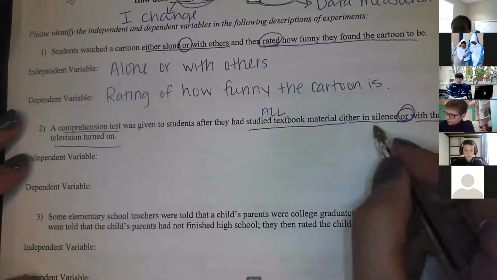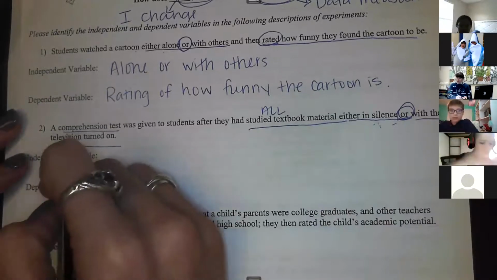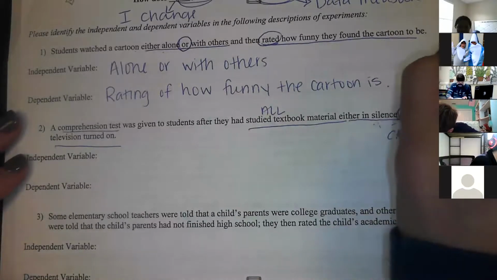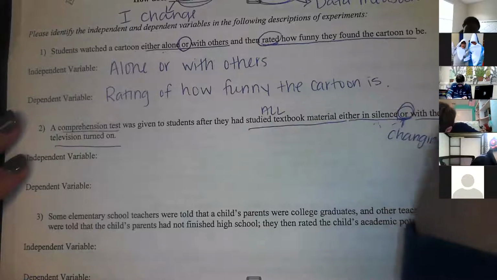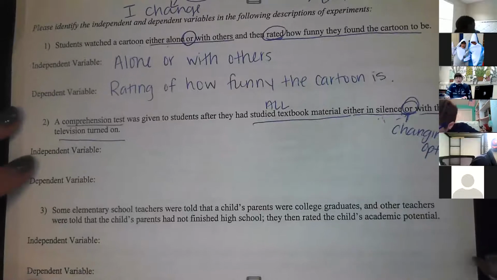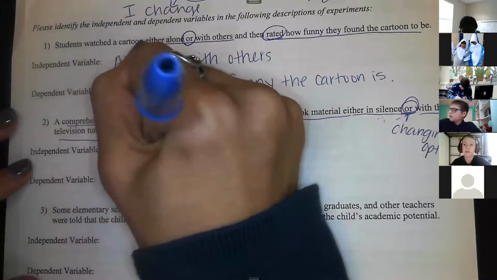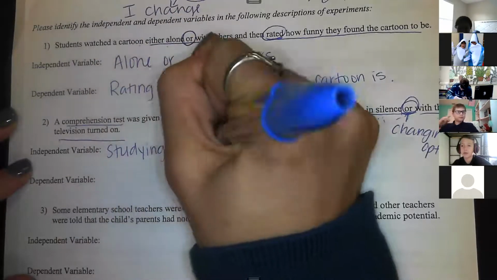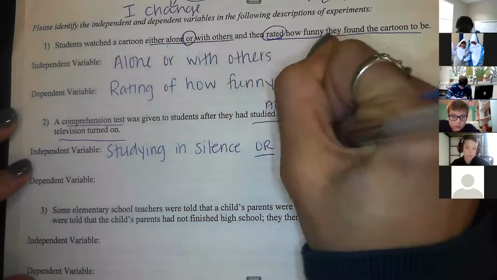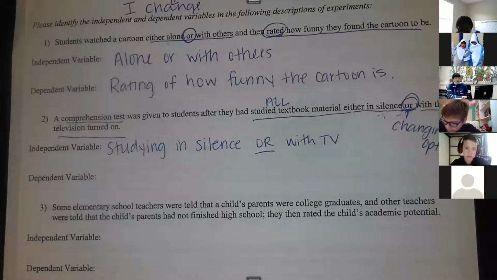They either studied in silence or I changed it to them watching TV while studying. That word or says that I'm changing something. It means that they have an option. So my independent variable would be studying in silence or with TV.